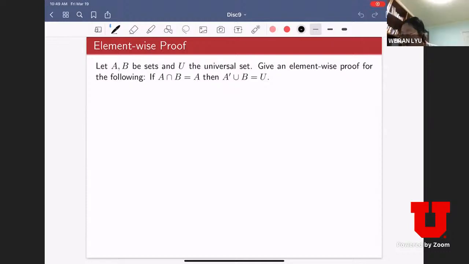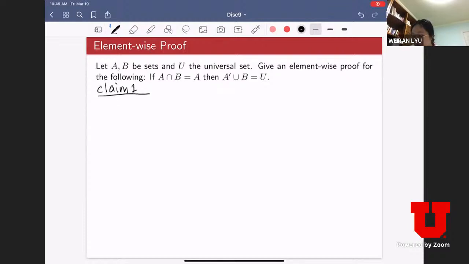All right, so anyone who wants to take a shot on the first one? How would we start the proof? It's another set proof question, a set equality problem. We know that for proving set equality, we just want to show that they're subsets of each other, which means we can have two claims.